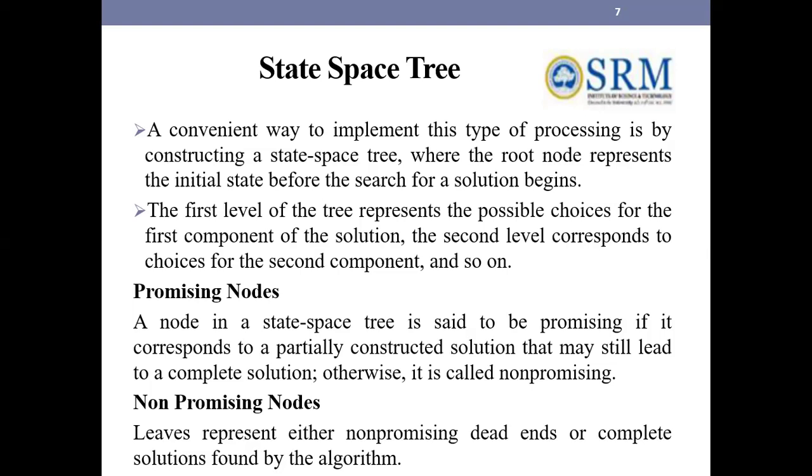A non-promising node means the current node does not give an optimal solution, or does not lead to an optimal solution or feasible solution. So promising means it will lead to a success path. Non-promising means it does not lead to a solution path.